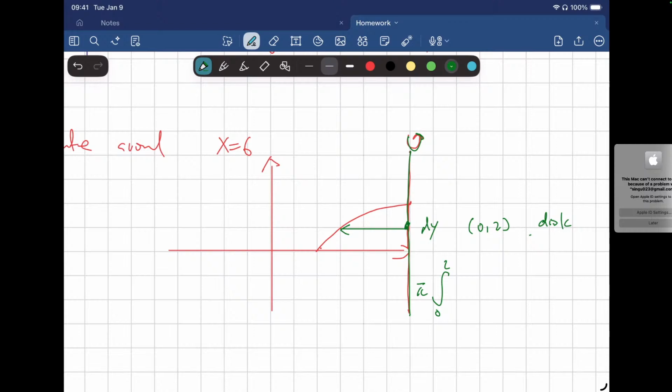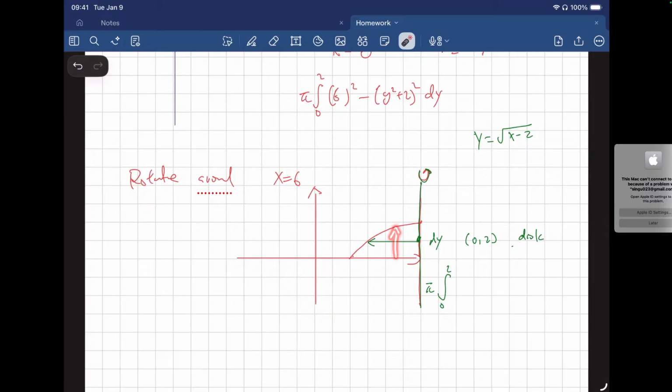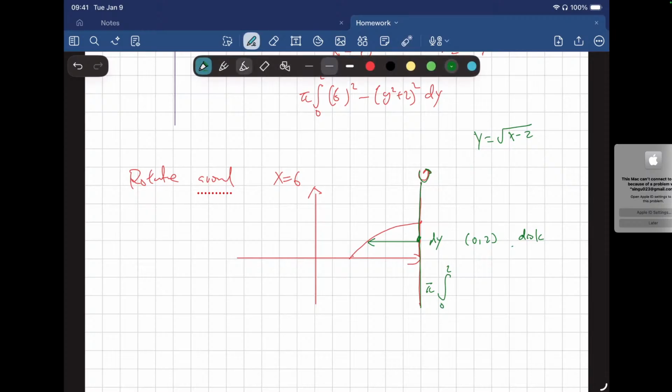So pay attention to what we said earlier, right? We say the function is from the y-axis to the curve because this is in terms of y, right? Remember, we have to do dy. y equals square root of x minus 2 is a distance from here to here. However, you have to figure out what this is.